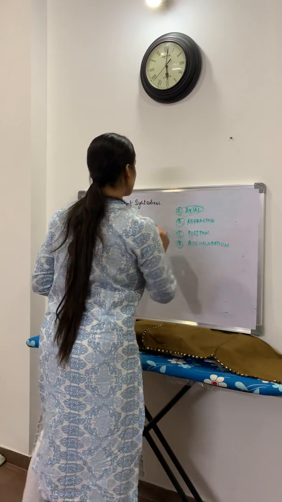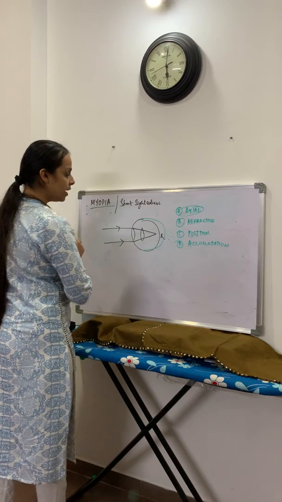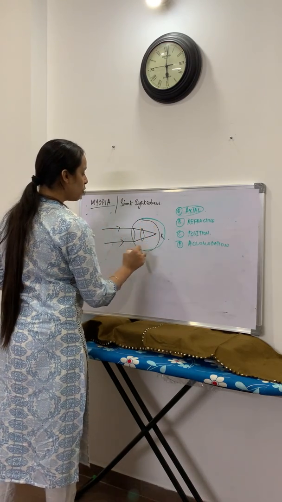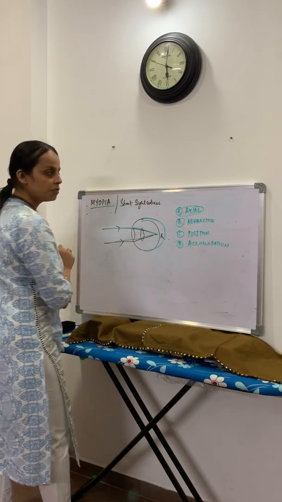So coming to the first category, axial. Now suppose if the length of the eyeball is more, right? So if the length of the eyeball is more, obviously the rays which are coming from infinity cannot get focused at the retina and they will be focused in front.